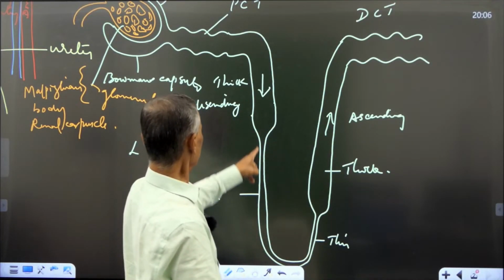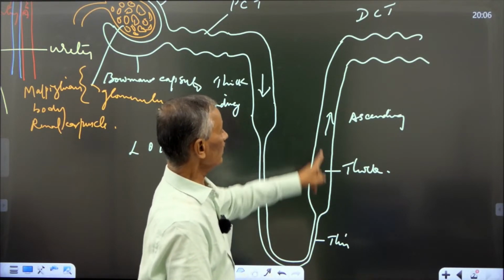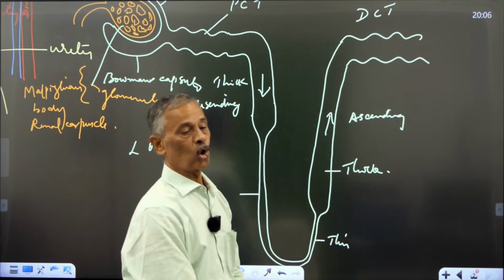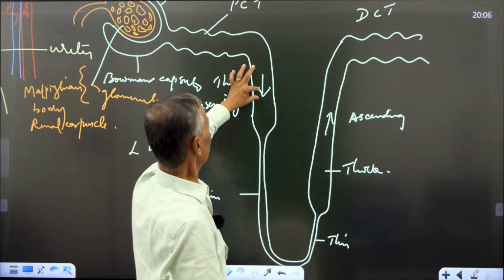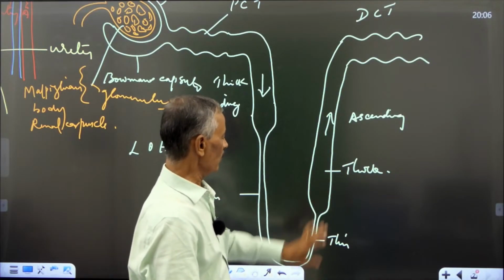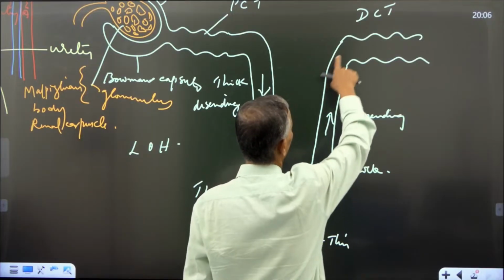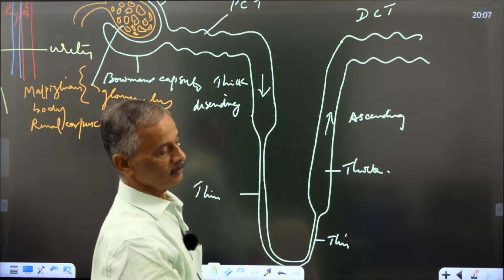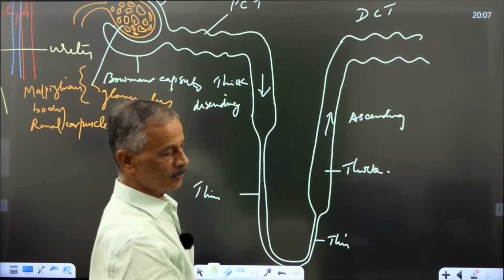Again, in the descending limb the thin limb is longer, whereas in the ascending limb it is the thick limb that is longer. In the descending limb, the thick limb is shorter and the thin limb is longer, whereas it is just the reverse in the ascending limb: the thin limb is shorter and the thick limb is longer. Clear? Understand the differences between the descending and ascending limb of Henle's loop?